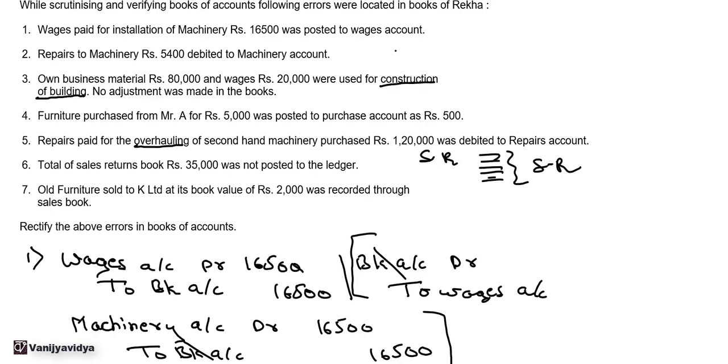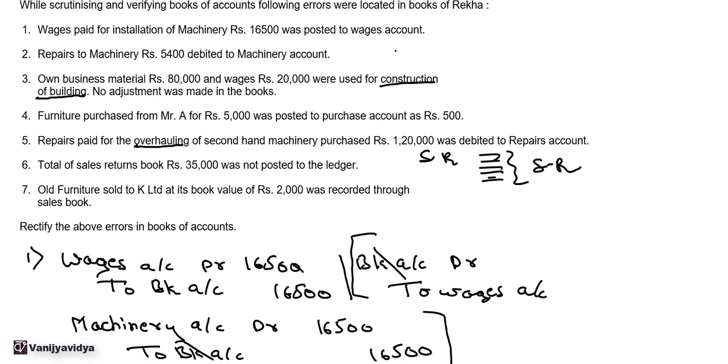Now what has happened because of this is the sales return account is showing a balance, but it doesn't include the 35,000. So to that extent your sales return account is undercosted. So because of this 35,000, the sales return account which is showing some balance is less by 35,000.